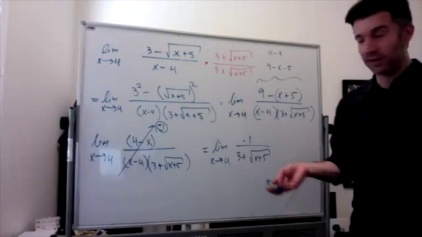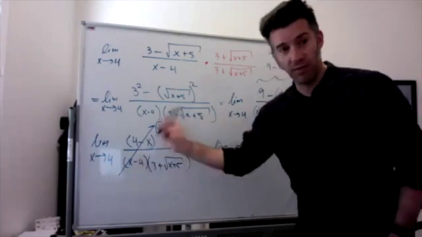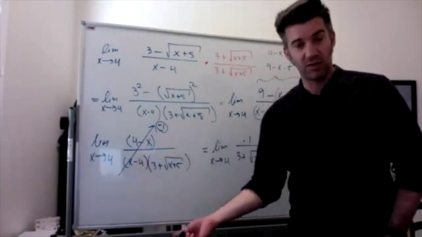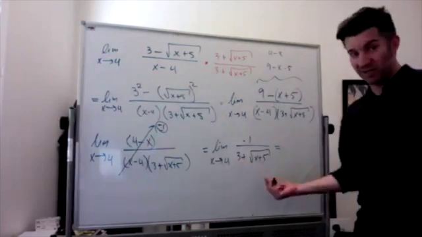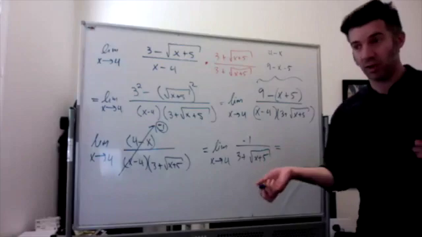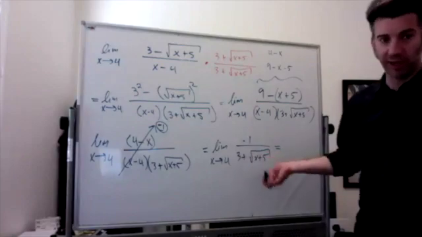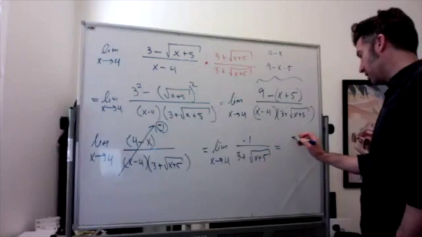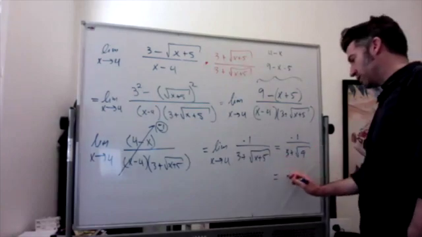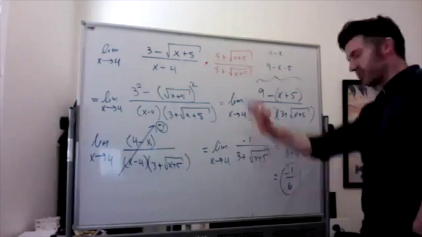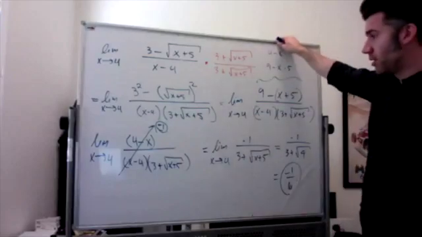Since we've eliminated the things that were giving us a 0 in the denominator and the numerator, we can then substitute in 4 for the rest of the x's. We use the direct substitution property, which just says if you can plug it in, plug it in. And you get -1 over 3 plus the square root of 9, which is indeed -1/6. That's our answer. All right.